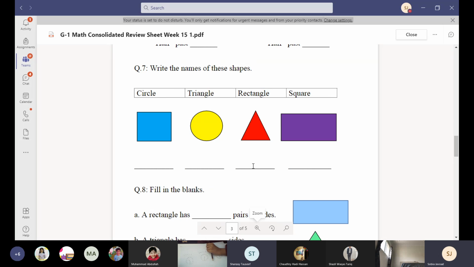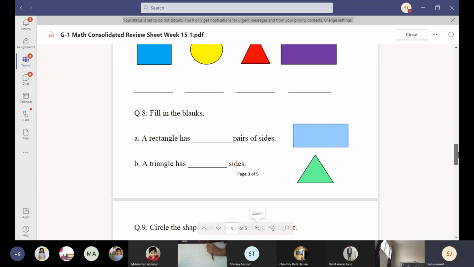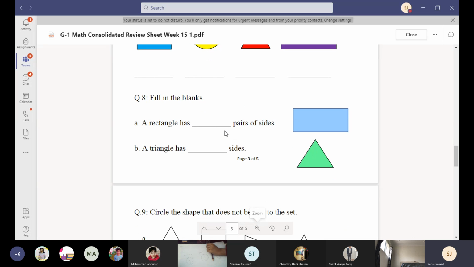Triangle. And what is this? Rectangle. Yes, rectangle. All right. So our rectangle has dash pair of sides. How many pairs of sides? One, two. Our rectangle has two pairs of equal sides.